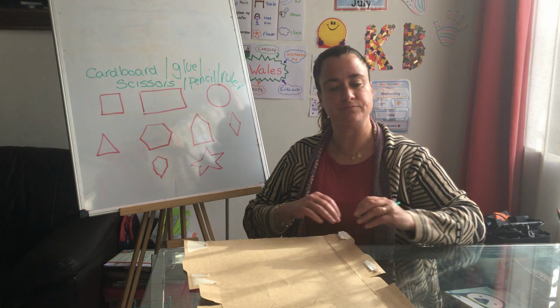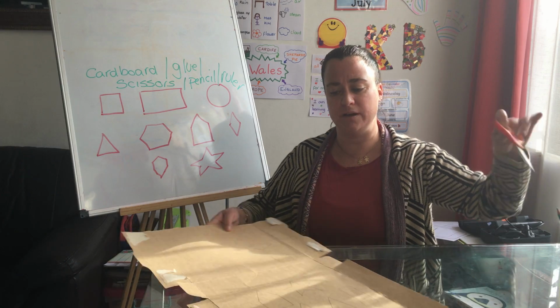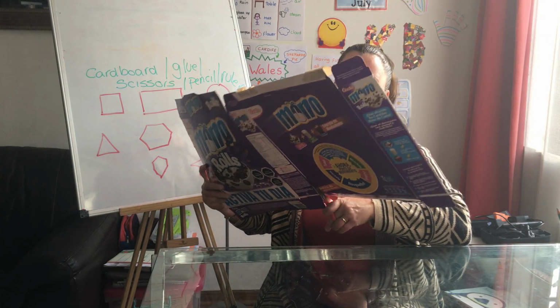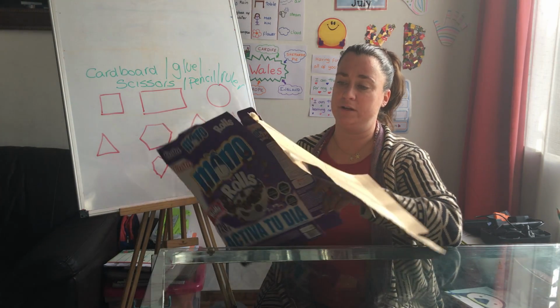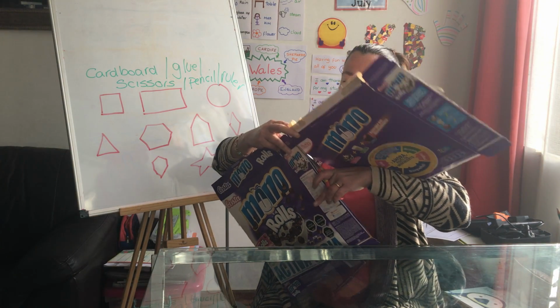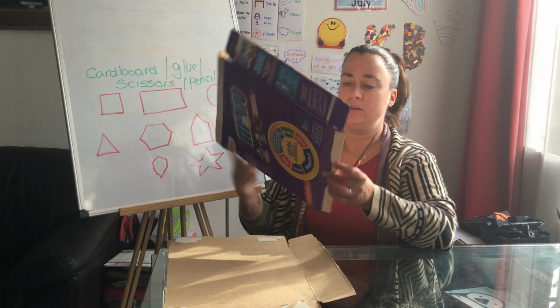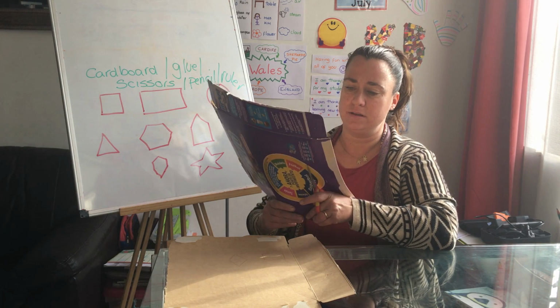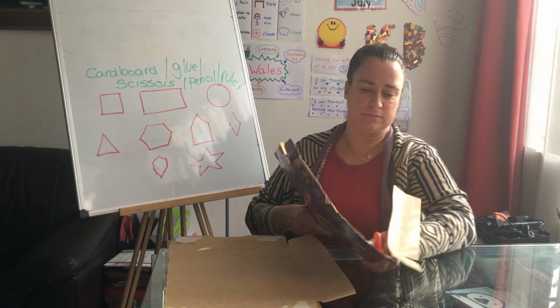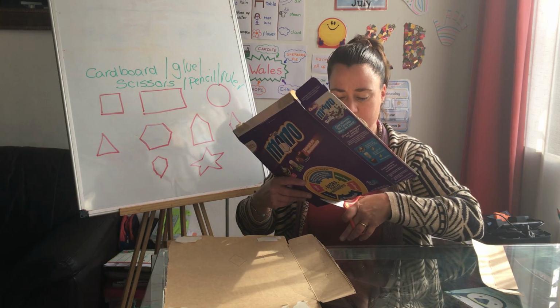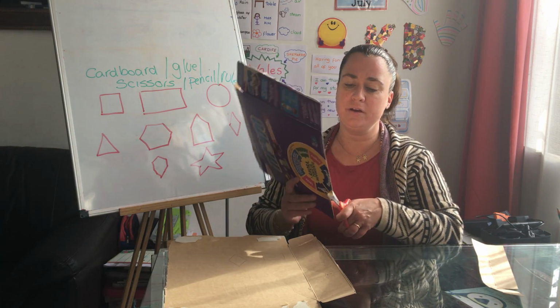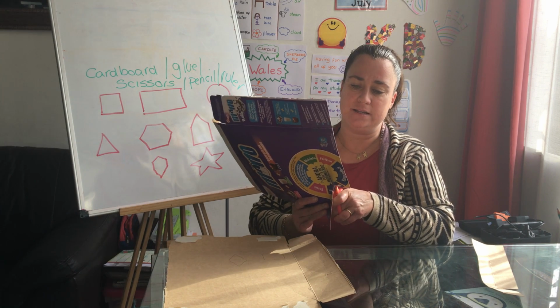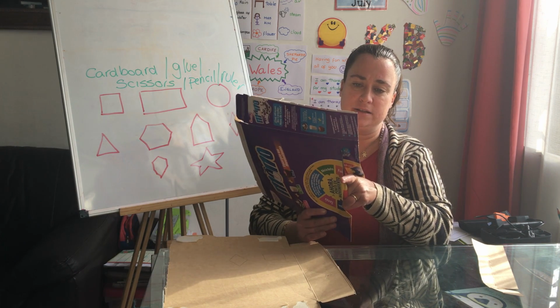Okay. And now that I've got my shapes, I am going to cut them out. All right. That's why I need my scissors. So I'm going to cut one by one out. Okay. Remember, if they're not perfect, it does not really matter.